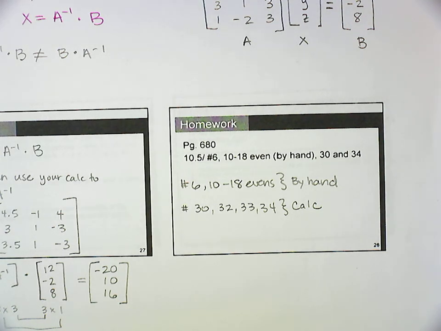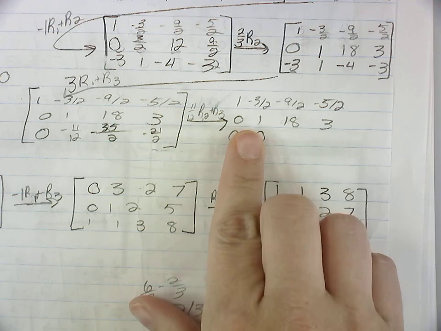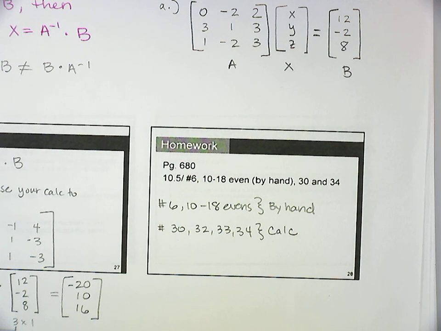Okay, so this is what I'm looking for. I'll just show you this, okay? When you're doing your row operations, you have to show me the row operations that you're using. What are you using to get from one to the other? Okay, here's another one.